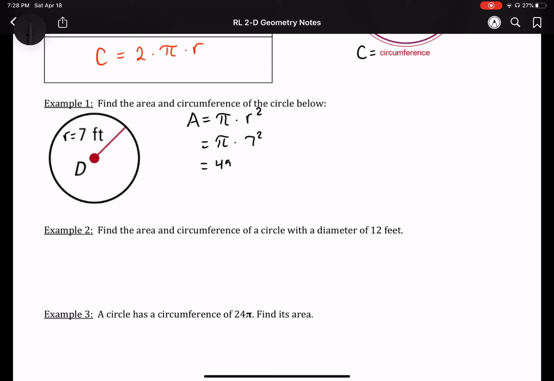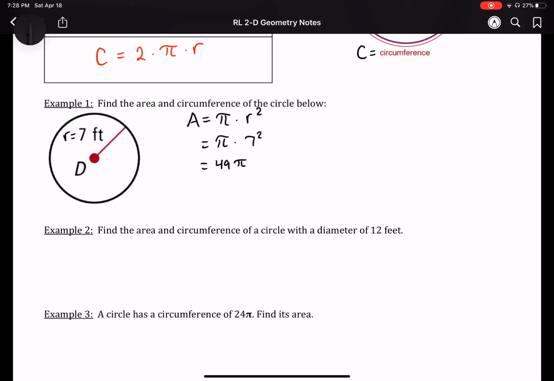That is a terrible looking 9. I'm going to fix that in a second. It looked almost like a 5. All right, 49 times pi. If we were answering in terms of pi, you would just leave it as is, 49 pi. In fact, you don't even need that multiplication symbol in there. You can just write it 49 pi.